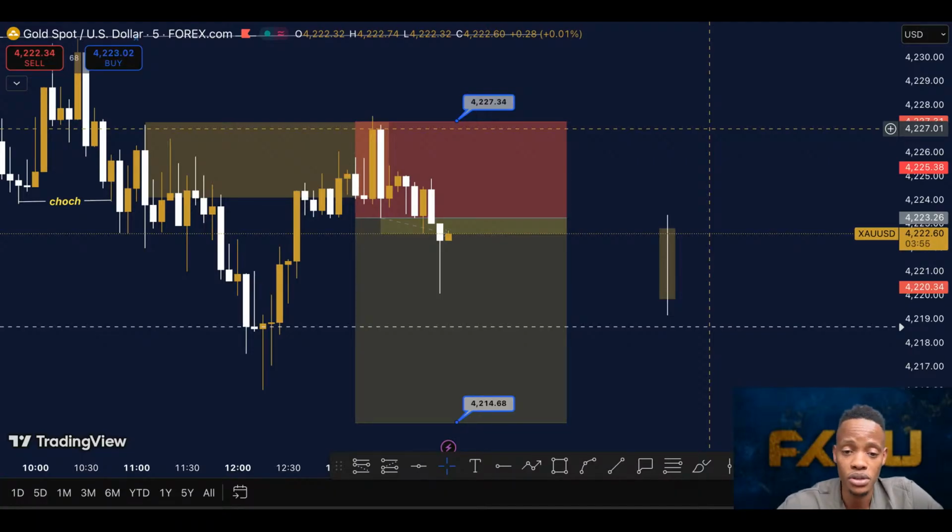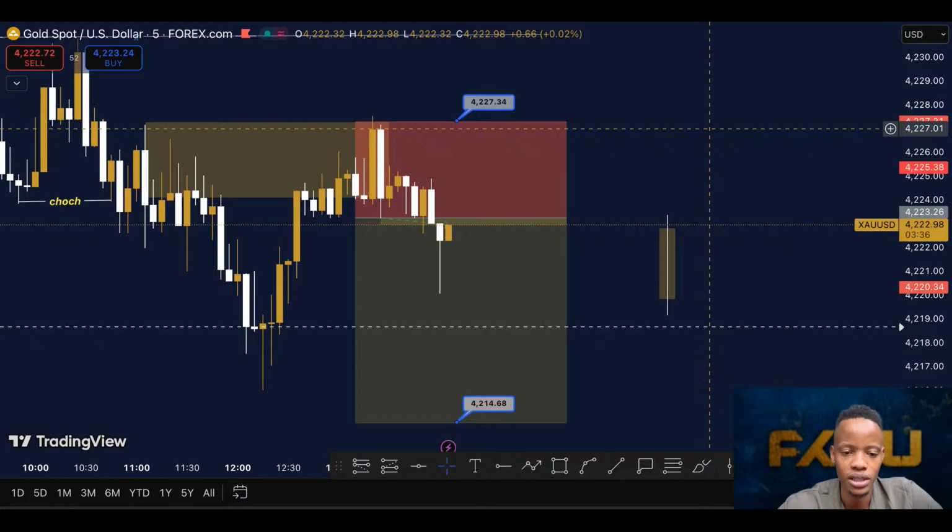Gold is always going to mess with your mind. You just need to have a clear mindset. See, it went down and gave us like 20, 30 pips profit. Now it's coming back up, but we just gotta follow the plan.